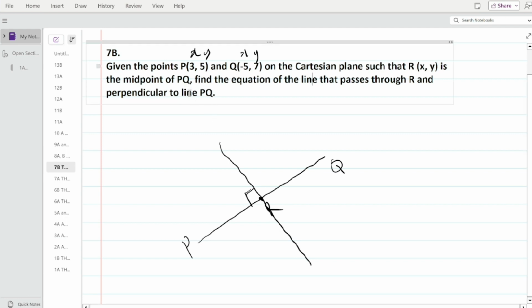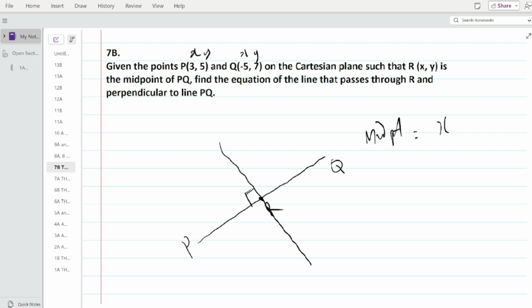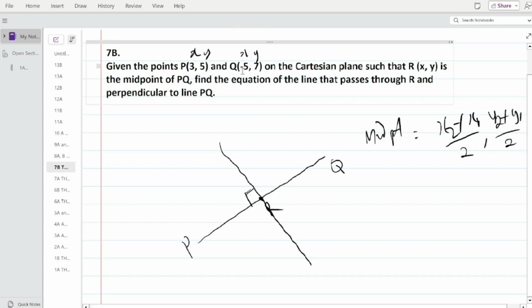It's easy for us to get the coordinate of R since it says R is the midpoint of PQ. There's a formula for finding the midpoint of two points on a graph, which says midpoint is equal to (x2 plus x1) over 2 and (y2 plus y1) over 2 to find both the x and y coordinates. Our x2, which is for Q, is -5.